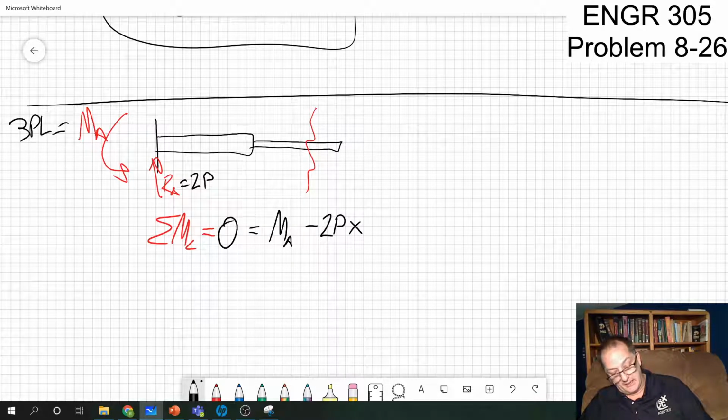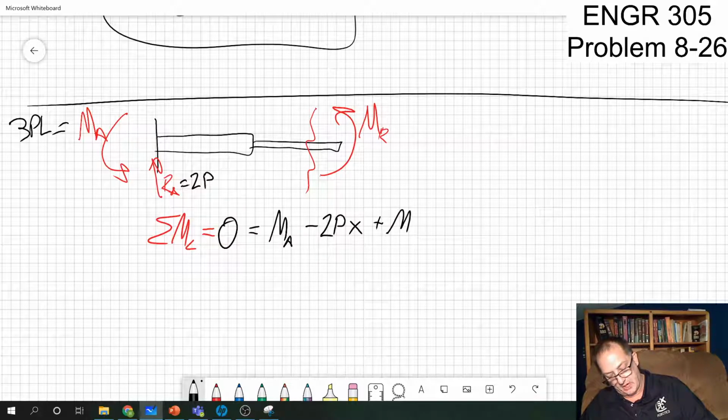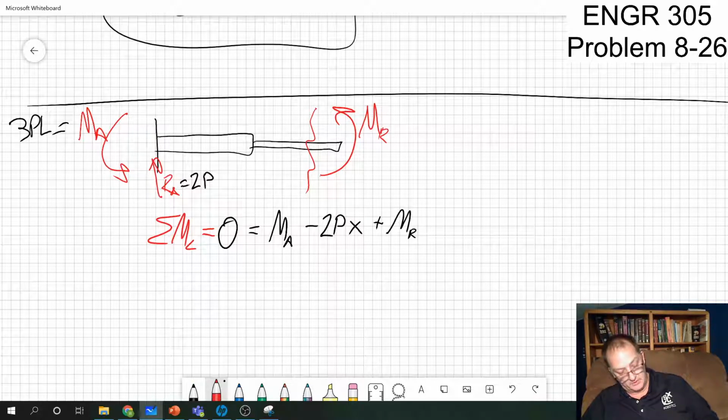I've got to put in that reaction moment, which is also going to be a plus M_R, correct? And what I failed to draw in there is that P, and that's also going to give me a negative moment.